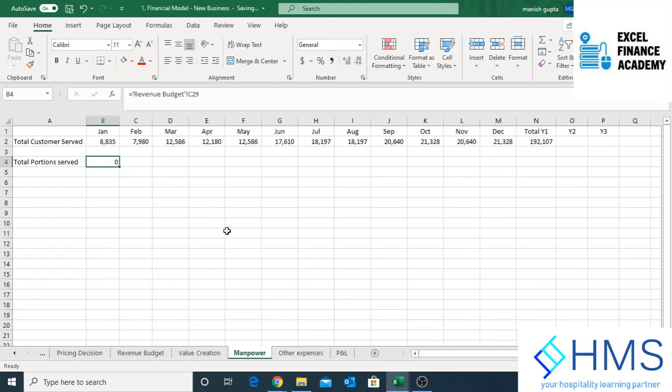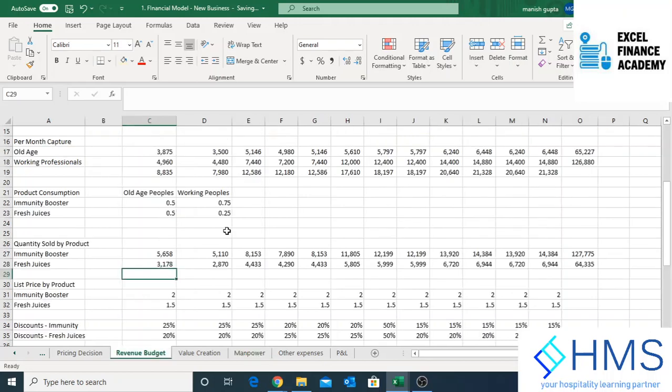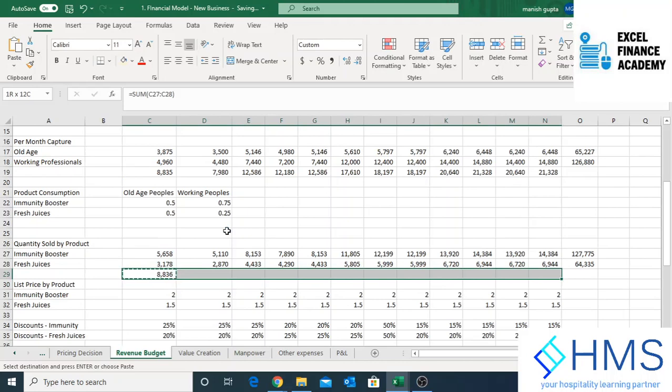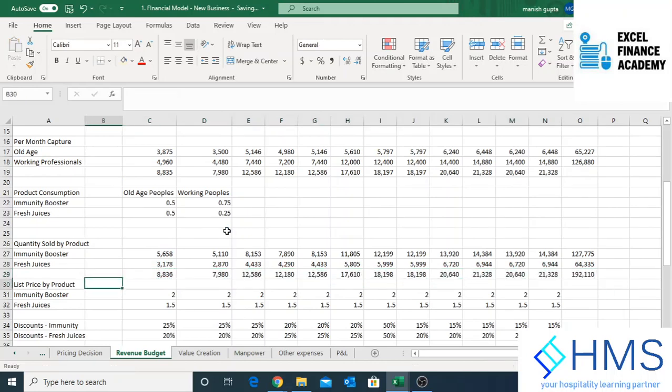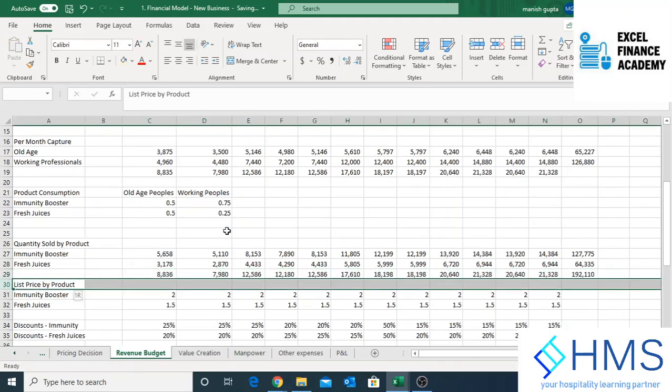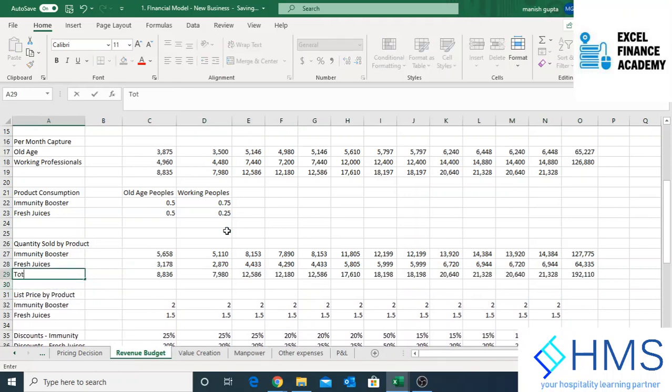For some you may need it by product, so we will use it wherever we feel it's needed. We need sum total. Yeah, now we get a total of products sold.